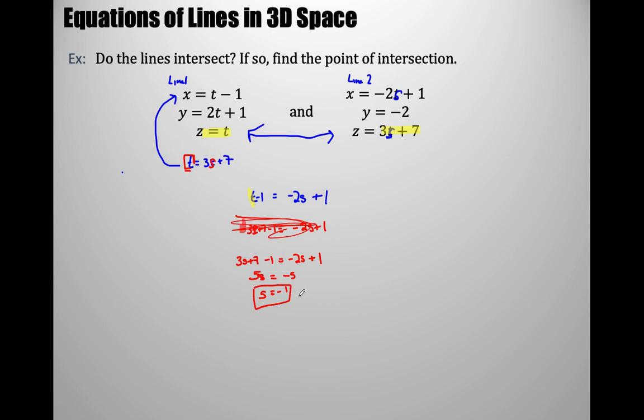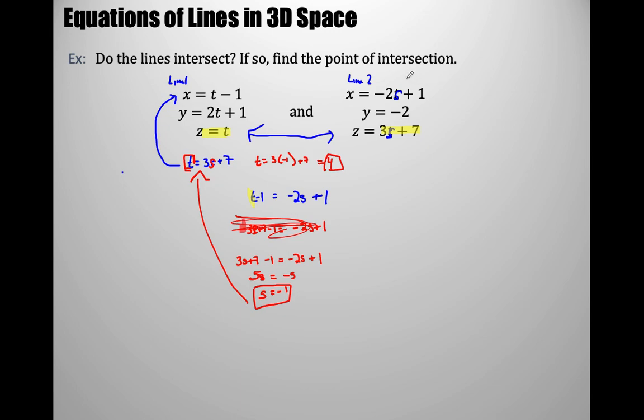Then I'm going to go back up here and say, well, that must mean that t is equal to 3 times negative 1 plus 7, which is 4. So now that I have a t and an s, you got to remember who is who, right?